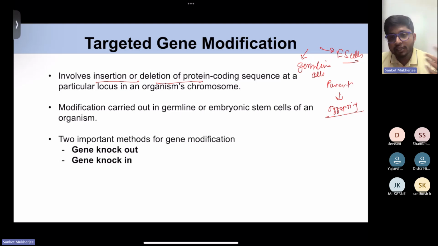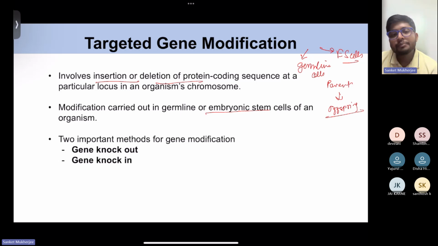This is routinely practiced in multiple biological experiments which involve animals like mice models, or hamster models, whatever is used; we prefer germline editing, one of the strategies. Another strategy involves embryonic stem cells.